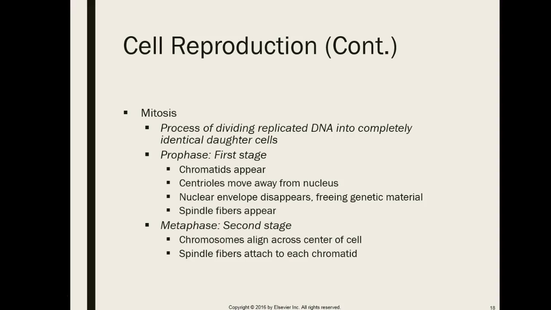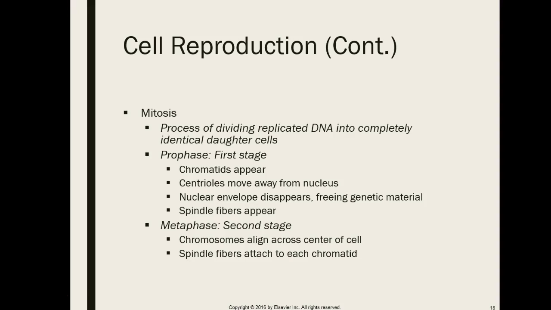Then we're going to get into mitosis. So this is the actual division of the DNA in the cell, broken up into 5 different stages. So we'll start with prophase, which is the first stage. During this time, the centrioles are moving away from the nucleus. That nuclear envelope disappears.